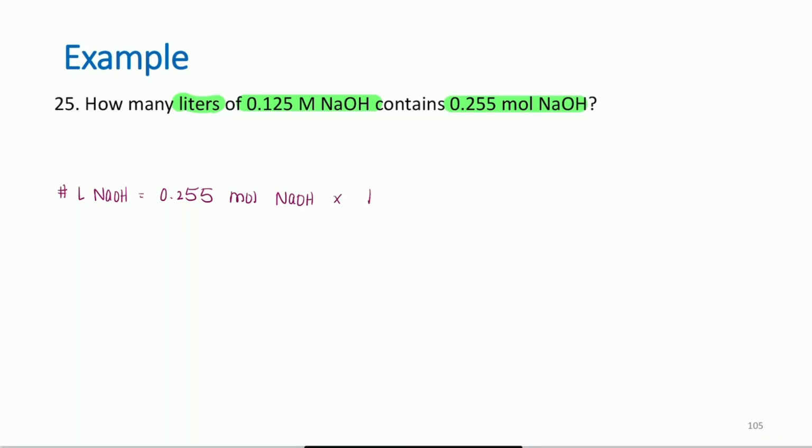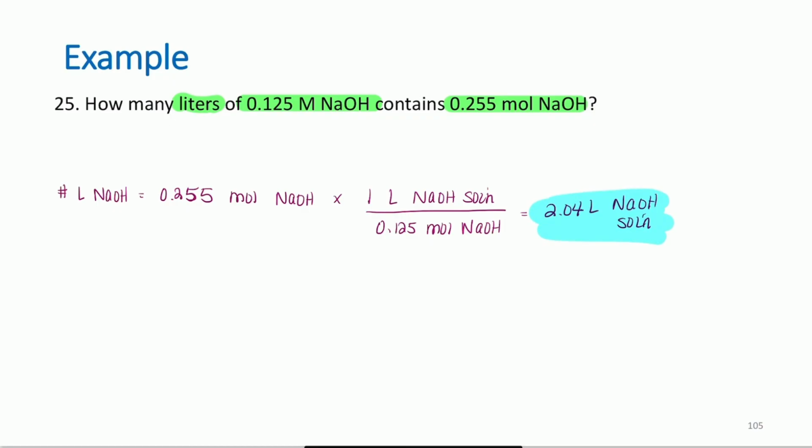I know I have a 0.125 molar solution, so 1 liter of NaOH solution contains 0.125 moles total. 2.04 liters of NaOH solution. So if I wanted to have 0.255 moles, I would have to have 2.04 liters total of that solution to get that many moles.